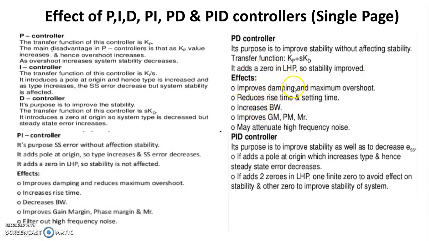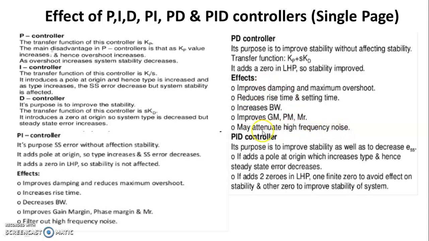These are the effects: it improves the damping and maximum overshoot. It reduces the rise time as well as settling time and increases the bandwidth. It also increases gain margin, phase margin and resonant peak. But by using this, it may attenuate high frequency noise.